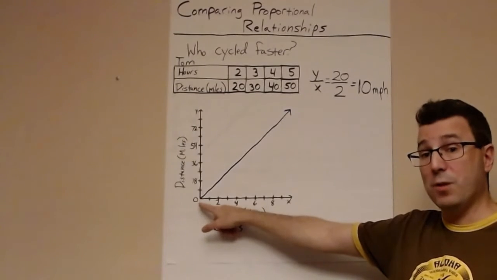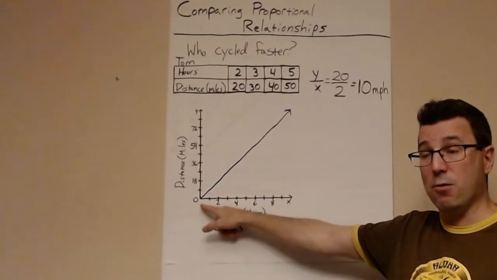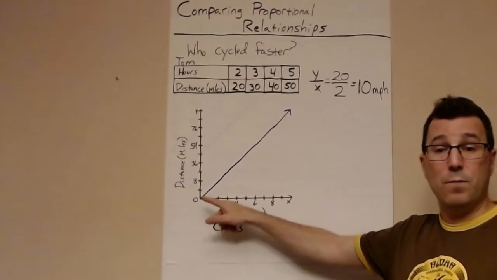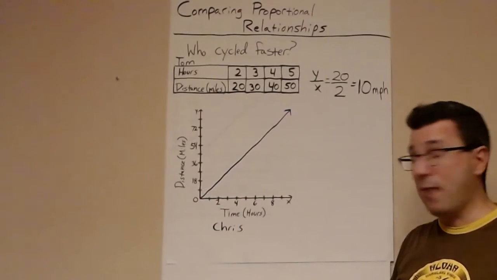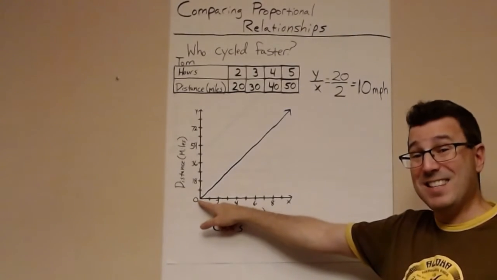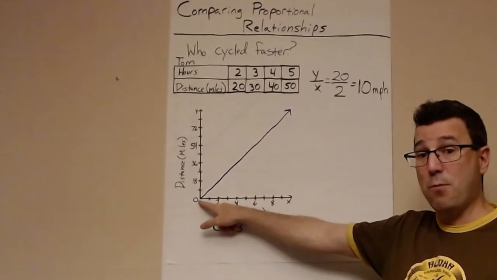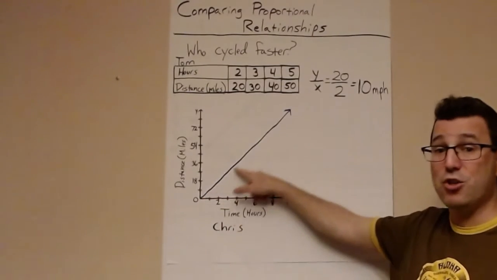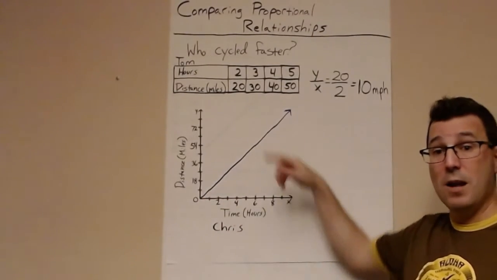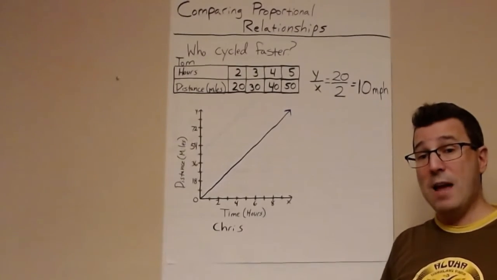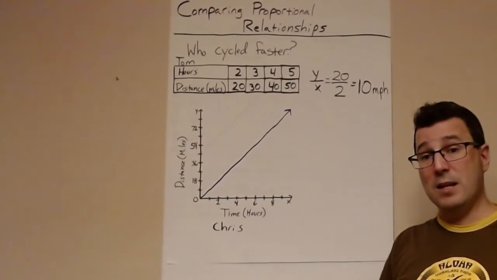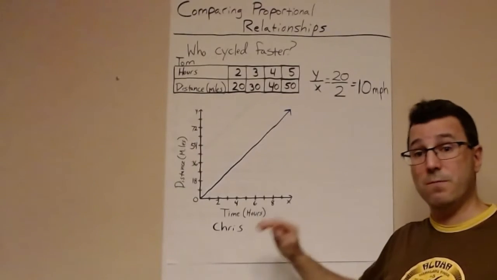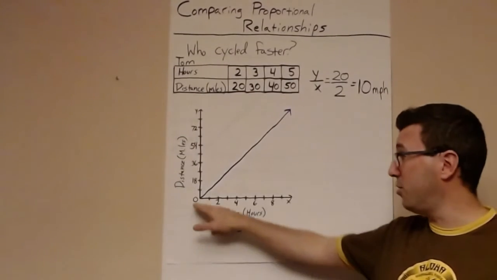All proportional relationships start at 0, 0. So, whenever we have a graph, it's going to be starting here. The second reason I know that this is a proportional relationship is because I have a straight line. All right? Proportional relationships, the graph, I have a straight line that goes through the origin. That's always a proportional relationship.